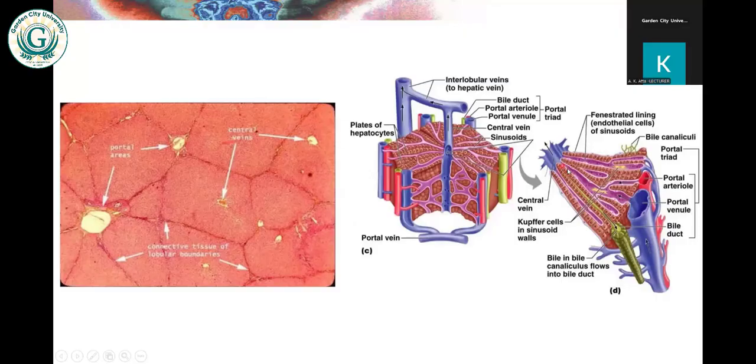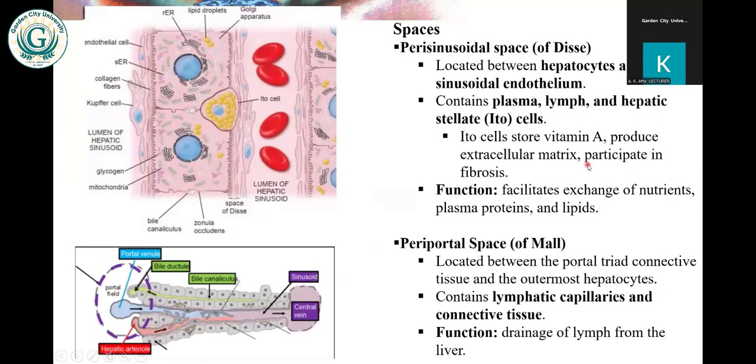And this is also another hepatocyte. In between the hepatocytes, there is a special type of blood capillaries that we call sinusoids. So if I use this image, this is a liver cell, hepatocyte. This is another hepatocyte.